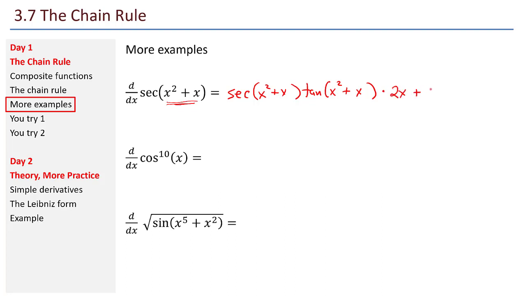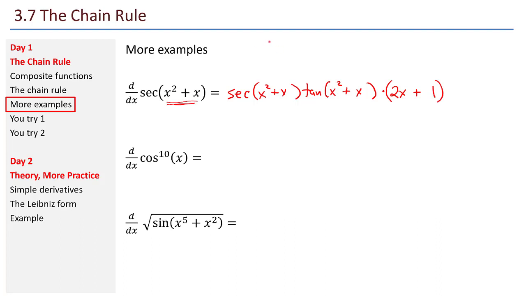2x plus 1. At this point, I made a terrible mistake. Pause the video if you need to. Do you see the terrible, terrible mistake that I have just made? All right, what it is that I really absolutely need parentheses around there.